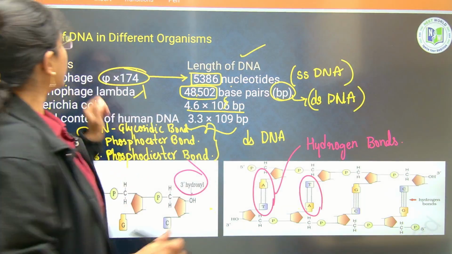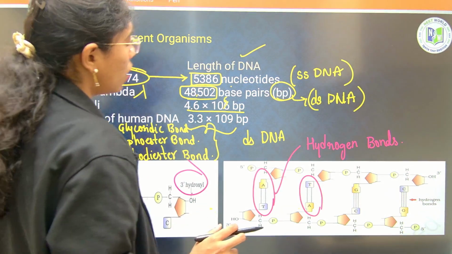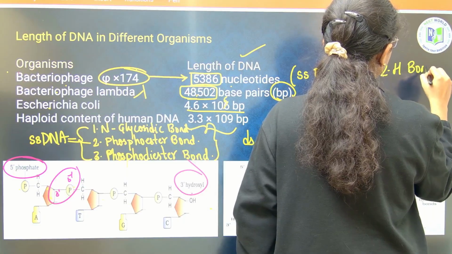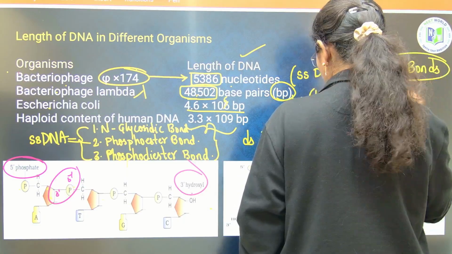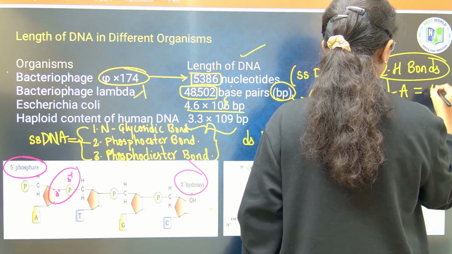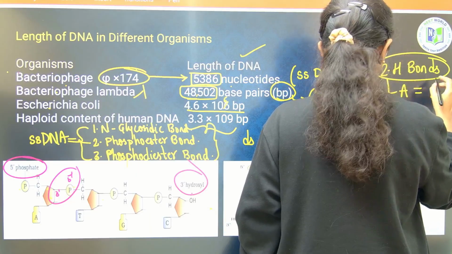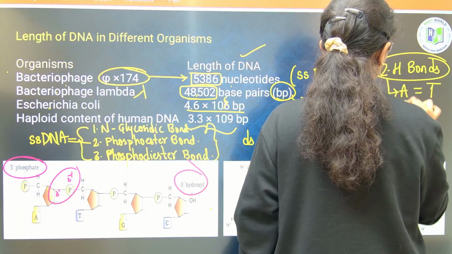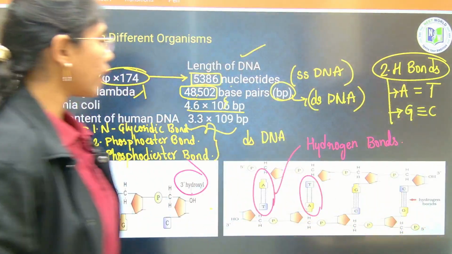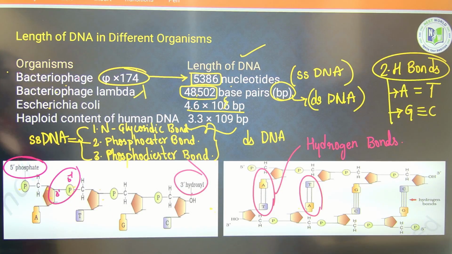Hydrogen bonds. It is two hydrogen bonds between adenine and thymine, and 3 hydrogen bonds between guanine and cytosine. Clear, right? So these are the bonds that are involved in single stranded DNA and double stranded DNA.